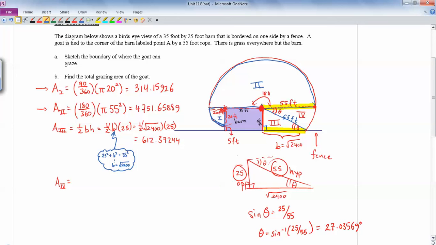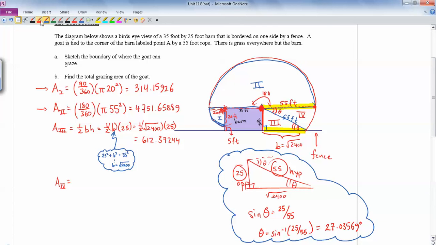So this will come in handy when you plug into this formula, theta over 360 times pi r squared, and in this case r is 55.